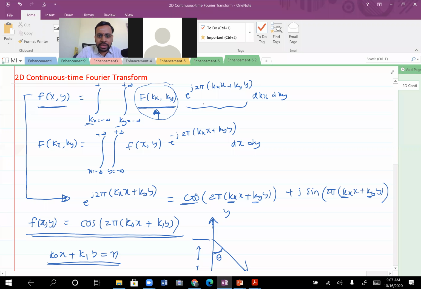In e power j 2 pi kx ky, the function f of xy is there for particular values of kx and ky. So you essentially need to get rid of the sine. That's why its value is there at k naught and minus k naught, so that e power j 2 pi and e power minus j 2 pi terms cancel, and the cosine gets multiplied by twice. That's what gives you the half there, right?